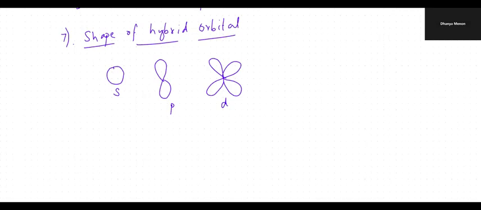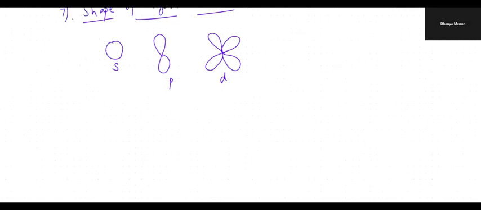These are just the shapes of the orbitals. S is spherically symmetrical, P has 2 lobes, D has 4 lobes. All these we have learned.